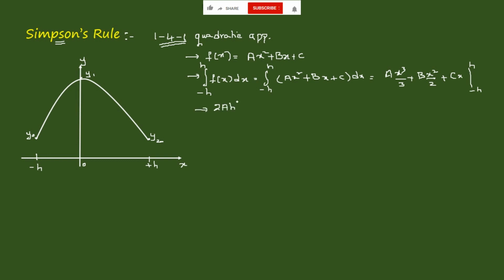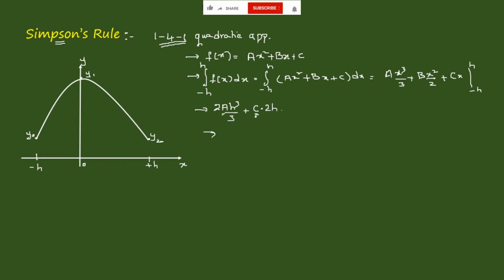Substituting the values, we get 2 times of ah cube by 3, the x square term gets cancelled, plus c into 2h, which is the whole integral, the area of it.